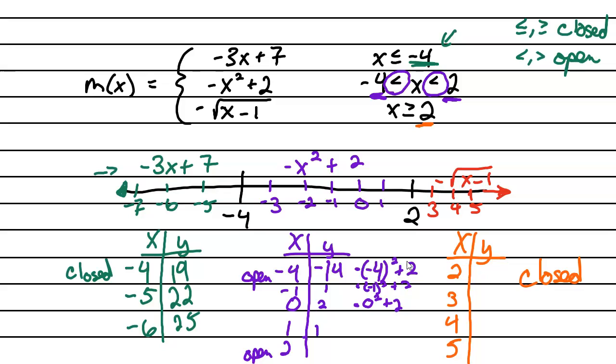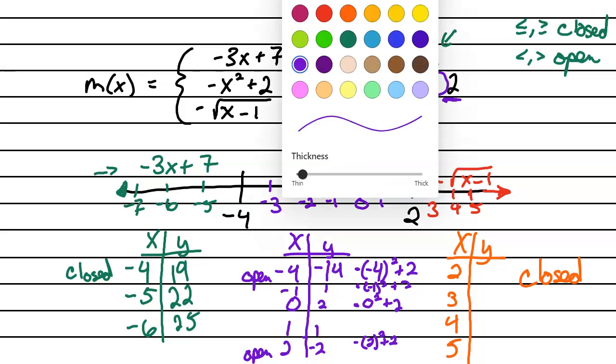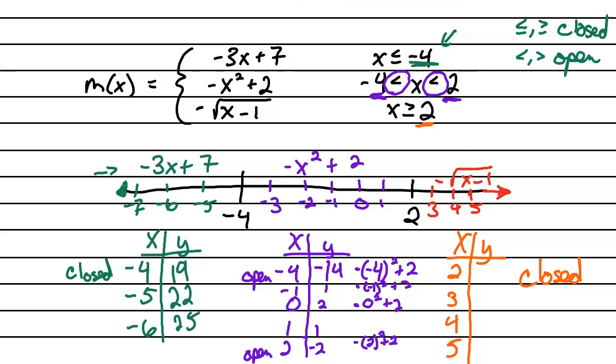This will be a 1. 2 squared is 4. So that makes that a -4. Plus 2 will be a -2. And you can always check these in your calculators. Plugging in a 2 here, we get 2 minus 1 is 1.